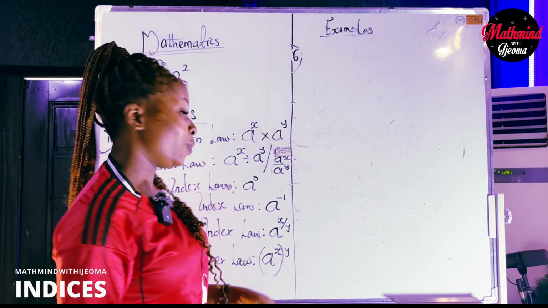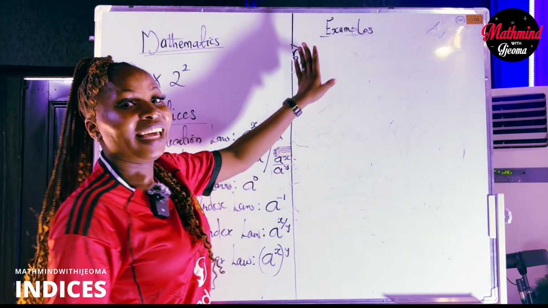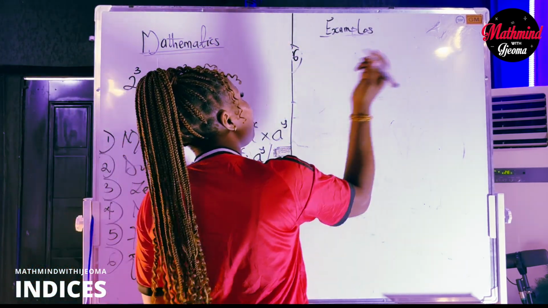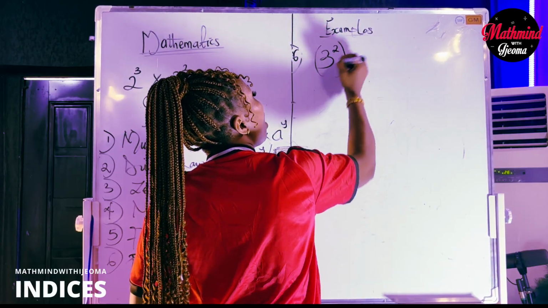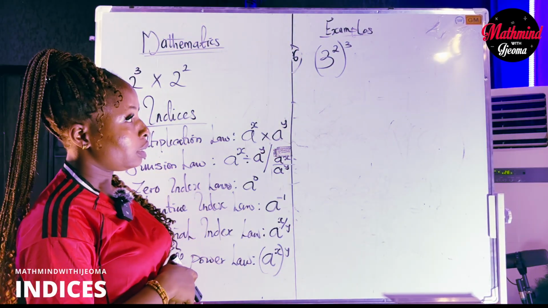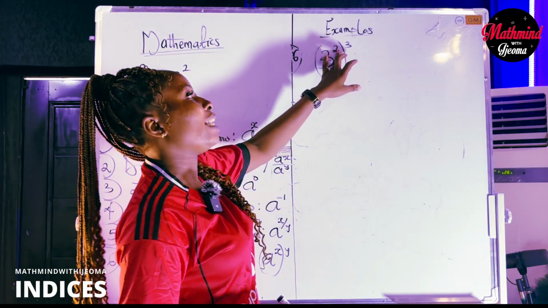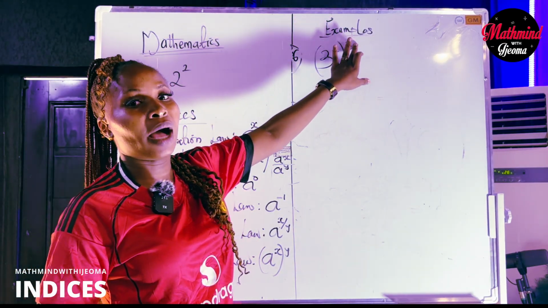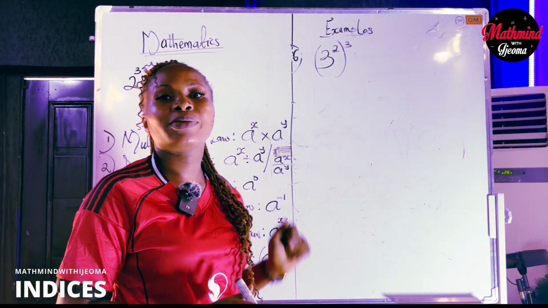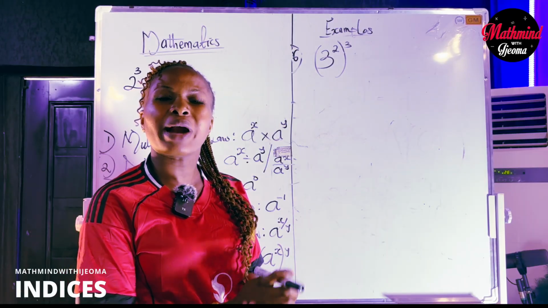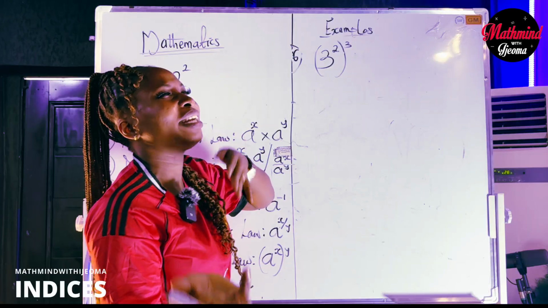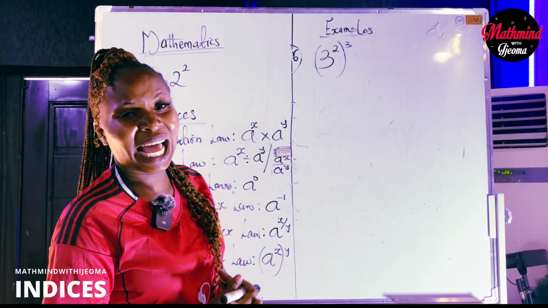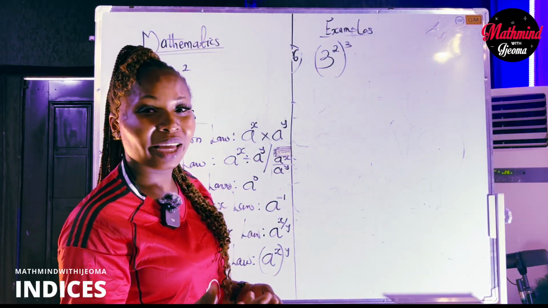Let's go to the next, which is the power of power law. In power of power law, you have things like 3 raised to power 2, all cubed. That means we have a power inside and a power outside. In mathematics, wherever you see a bracket, it means times. There is no need going straight 3 raised to power 2, 9, 9 raised to power 3.